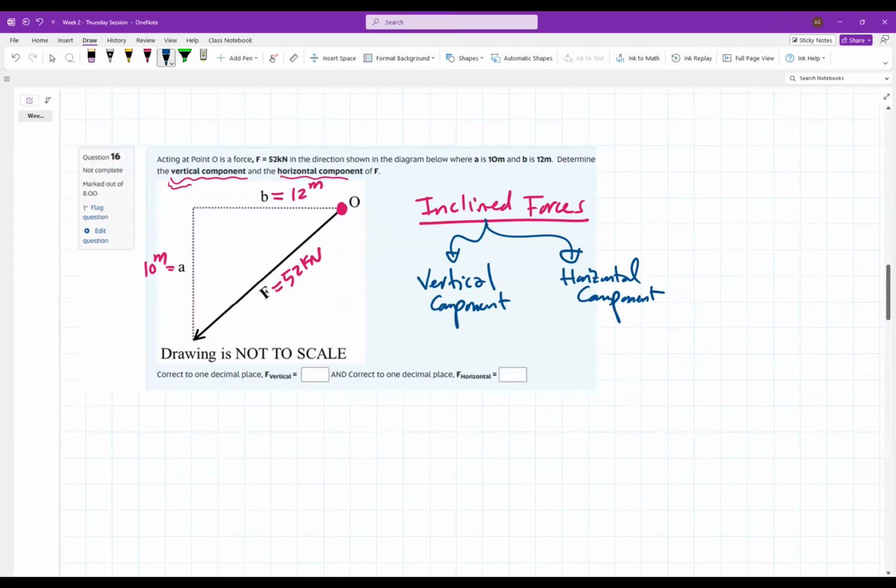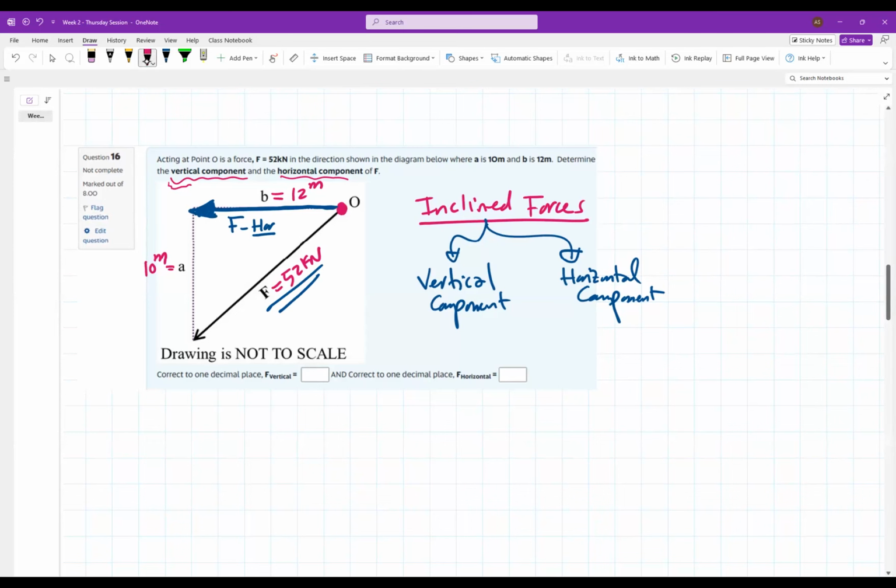Any force can be analyzed into two components, vertical and horizontal. So in this example, we can assume that force F has two components. The first one is the horizontal one, which I will call F horizontal or FHOR.